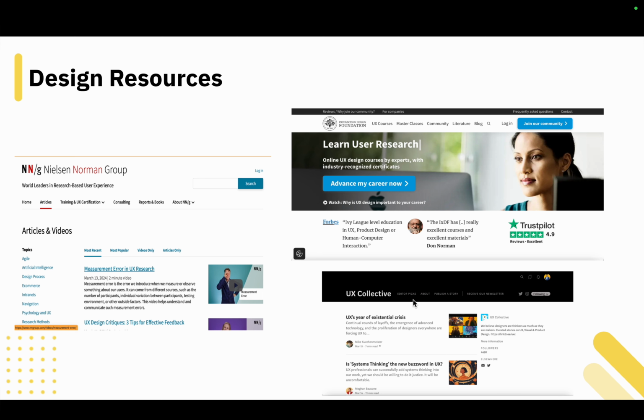UX Collective is a blog website where a lot of the latest design trends get posted, and people also share their portfolio stories, their learnings, their experience, their personal projects. These are the resources where you become aware of what's happening in the industry, and also get to know the standard psychological or UX principles that are available and that you should know.